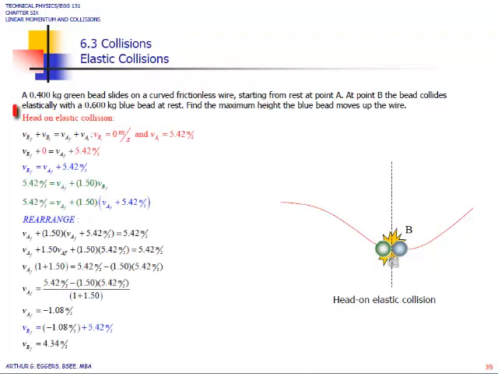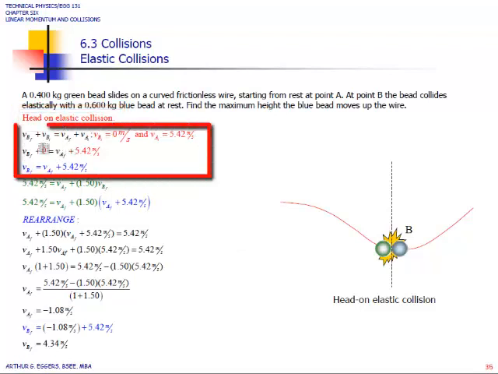So at this same point, we're going to look at a head-on elastic collision. So we have the velocity of A initial plus the velocity of B initial is equal to the velocity of A final plus the velocity of B final. Knowing that as we have taken the values instantaneously, at that point B is not moving, A is moving at this velocity.